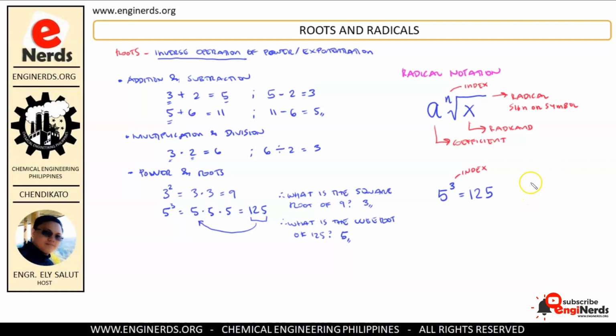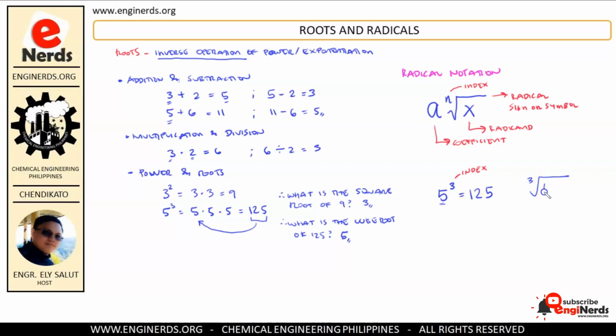So, if we have here this notation, no? And if you remember that if you're asking for a root on this particular example, our question will be, what is the cube root of 125? So now we are looking for the cube root of 125. Therefore, 125 will be our radicand.